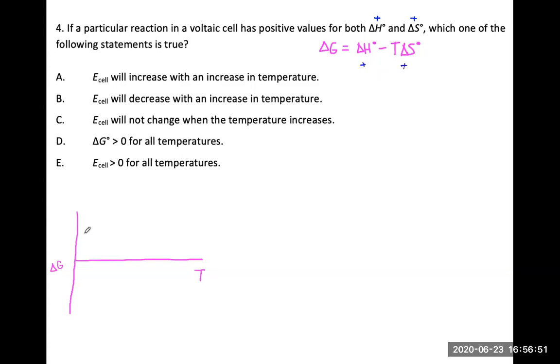And so if we were to graph this out, if we have a positive delta H, our line is going to start with an intercept that is above 0. And then we're going to be subtracting off a positive number that gets bigger and bigger as temperature increases. And so this is where we end up with a line like this. Ooh, sorry, got a little curvy, but you get the idea. And so what we can see here is that after this temperature, whatever it may be, now we're spontaneous.